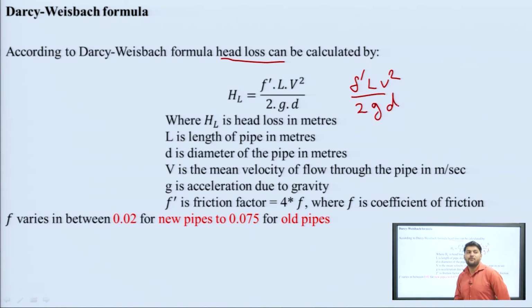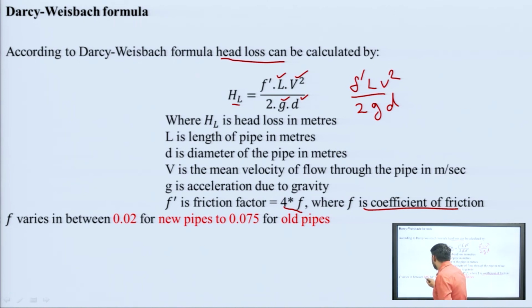F' is the frictional factor, and this frictional factor equals 4 times the coefficient of friction. g is acceleration due to gravity, D is diameter of pipe, L is length of pipe, V is velocity, and HL is head loss.